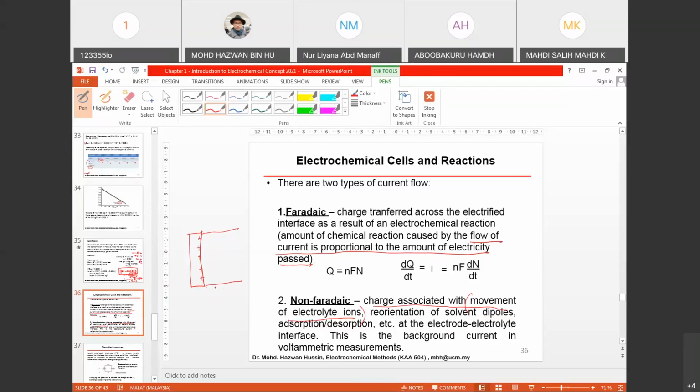When it forms a positive charge on the surface, it attracts negative charge ions to diffuse to the surface, and this creates so-called electrostatic interaction. This electrostatic layer is known as the first double layer formed, the Helmholtz double layer.